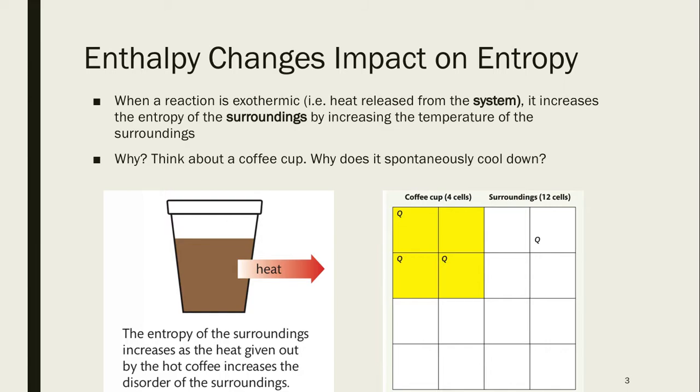It's very ordered, okay? But as soon as some heat releases to the surroundings, then it becomes more dispersed, okay? There's more disorder. So exothermic would give us more entropy in the surroundings, an increase in entropy.